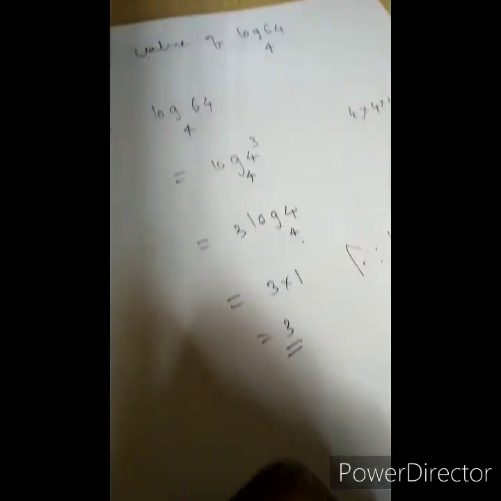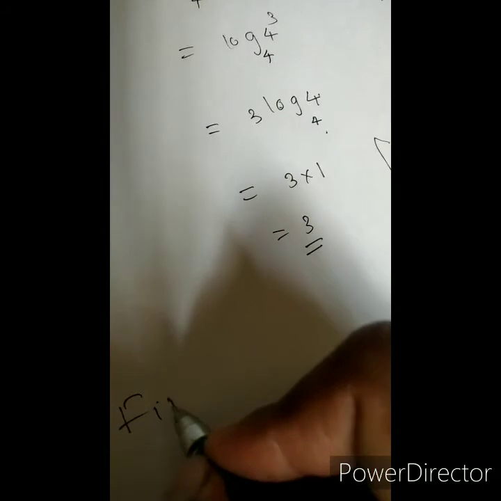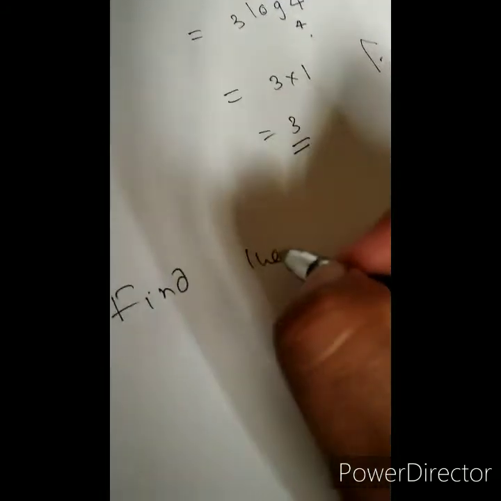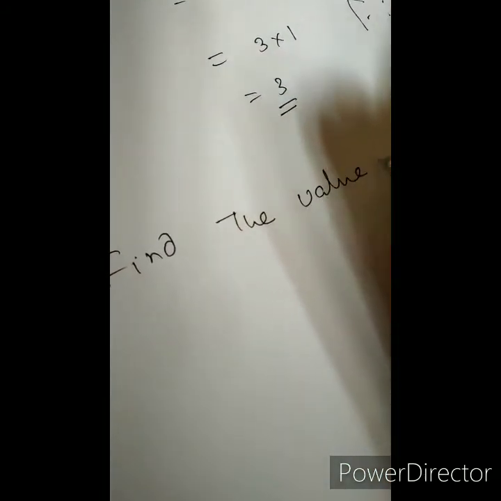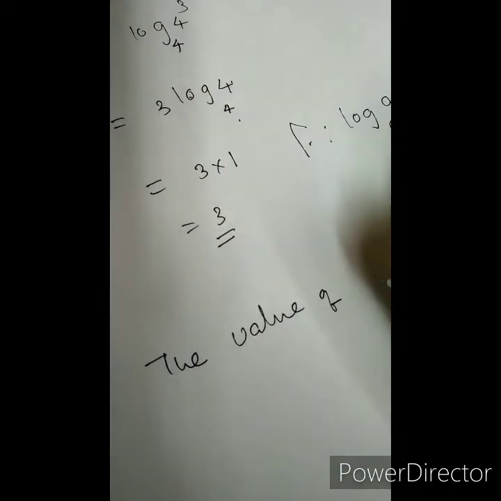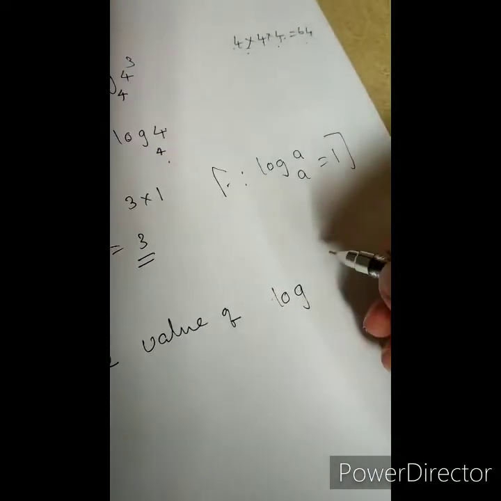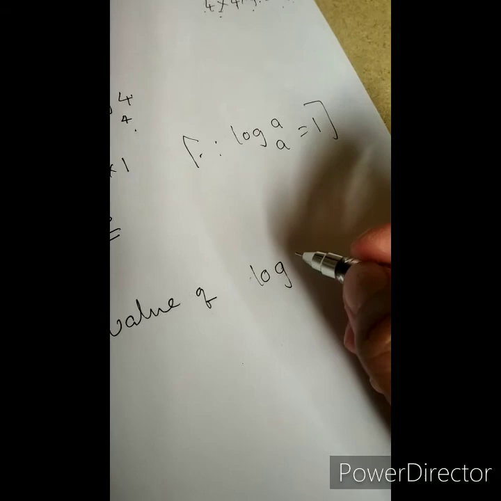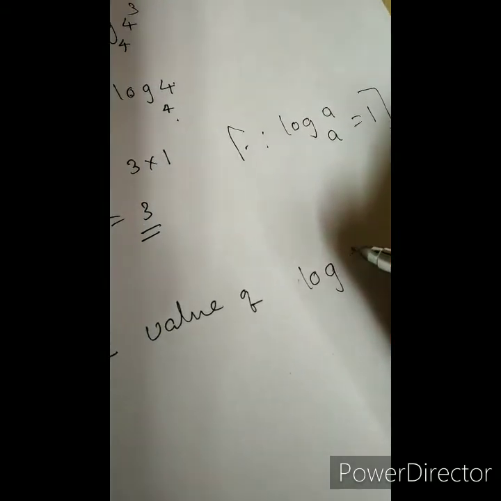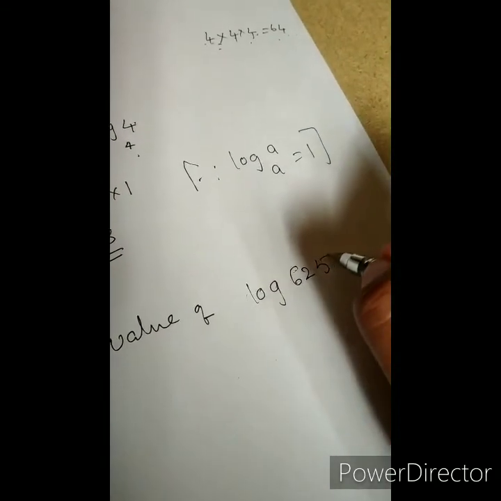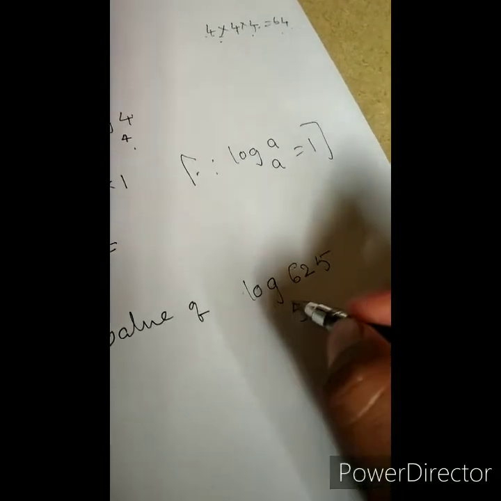Next one, find the value of logarithm of 625 to the base 5.